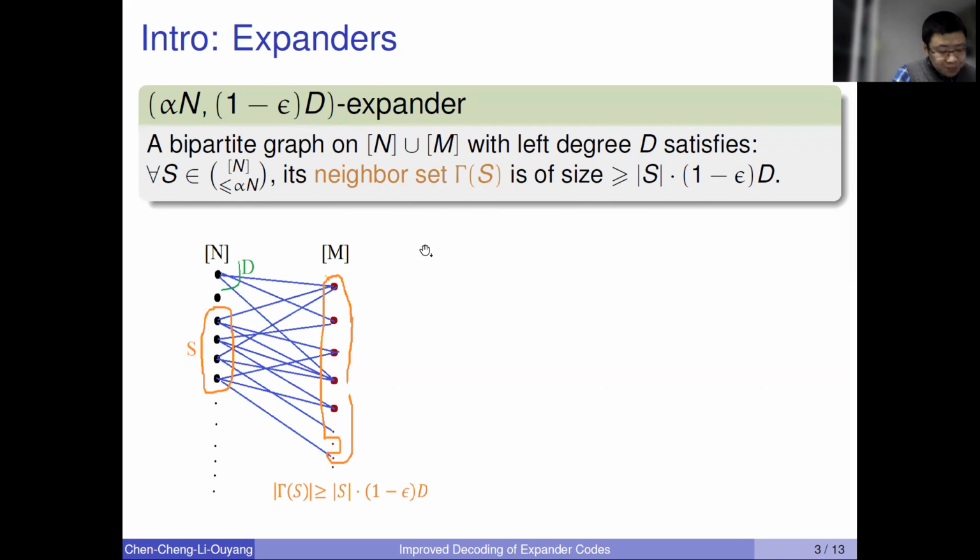So expander means that every subset of size less than alpha n has a highly non-trivial lower bound compared to this trivial upper bound d times S.